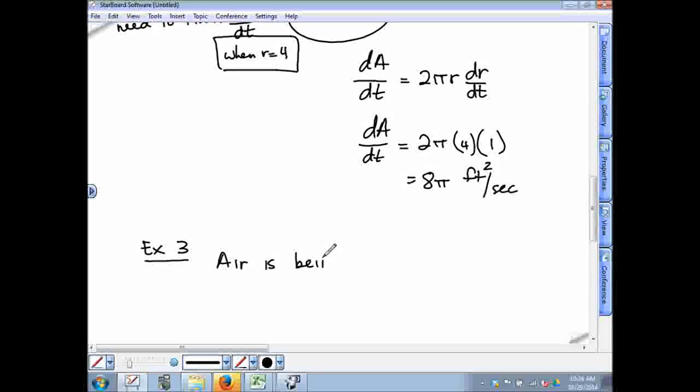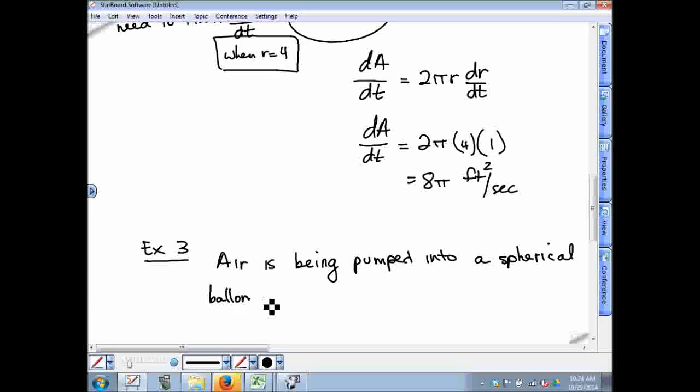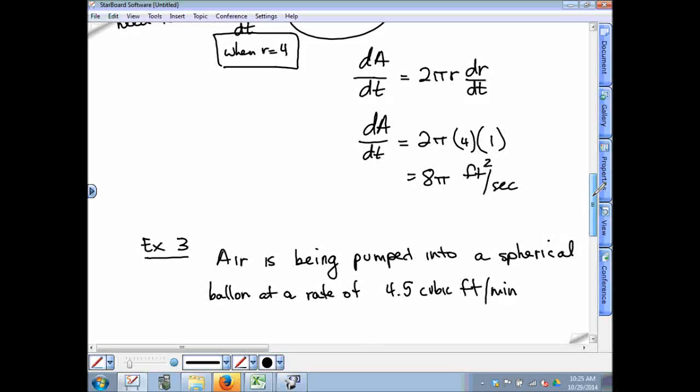There we go. Air is being pumped into a spherical balloon at a rate of 4.5 cubic feet per minute.